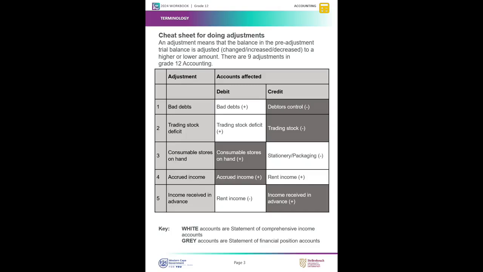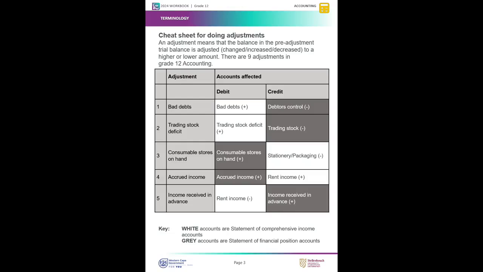The next adjustment, which we should be very familiar with, is accrued income. Now, the word accrued means outstanding. So what it means there is it is outstanding income. And the GAAP principle that comes into play over there is the matching principle. You need to remember the reason why we are doing these adjustments is because we want to match all our incomes and all our expenses to the current financial year.